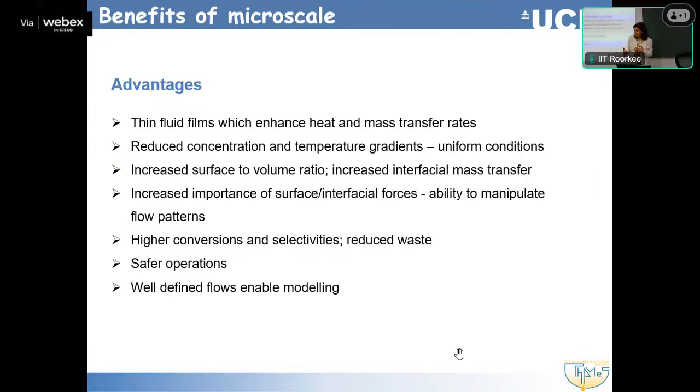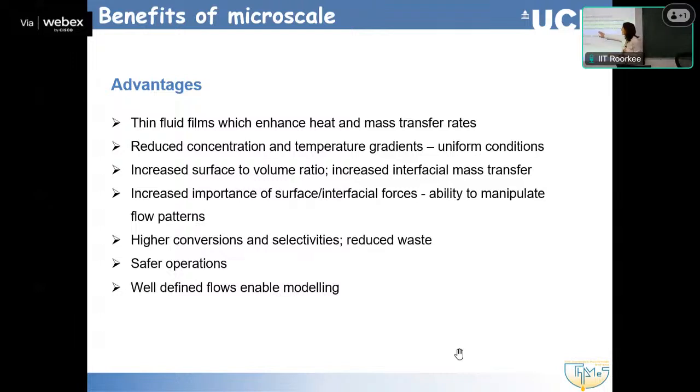The conditions are more uniform. And also, we have increased surface to volume ratio, and if we have more than one phase, we increase the interfacial area, the interfacial area per volume, which means that if we have interfacial phenomena, interfacial mass transfer, this is also enhanced. We have more surface area.